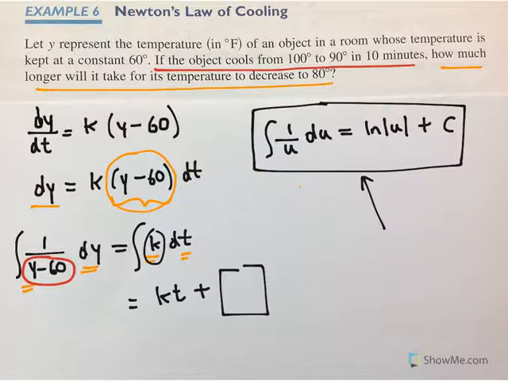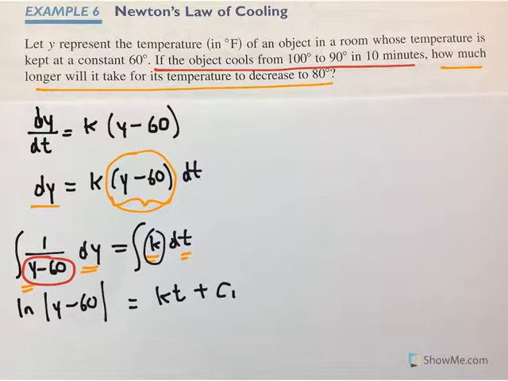So it's kind of easy for that reason. But if you do that, or you do it mentally, you're going to get natural log of the absolute value of y minus 60 for your antiderivative. Of course, there is a constant of integration on the left side as well as the right side, but there's no need for us to have two separate constants of integration. We can just combine them and write one constant of integration on the right side.